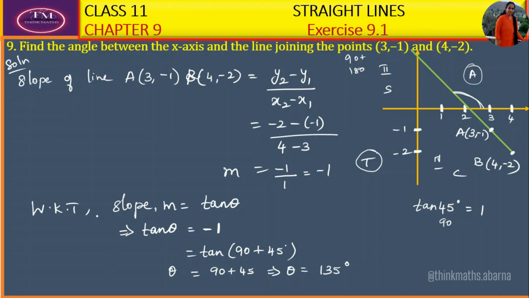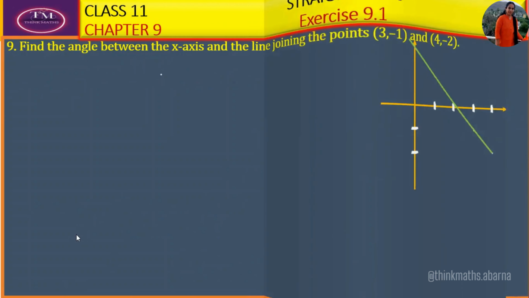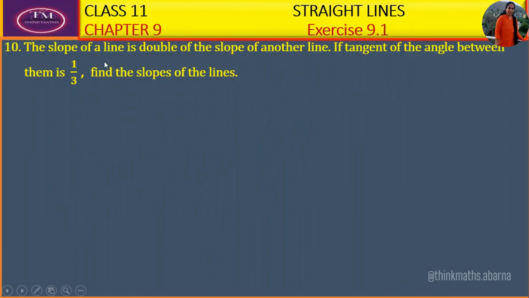So moving on to the next question, 10th one. The slope of a line is double the slope of another line. If the tangent of the angle between them is 1 by 3, find the slope of the lines. So they gave the value of tan theta, which is 1 by 3.